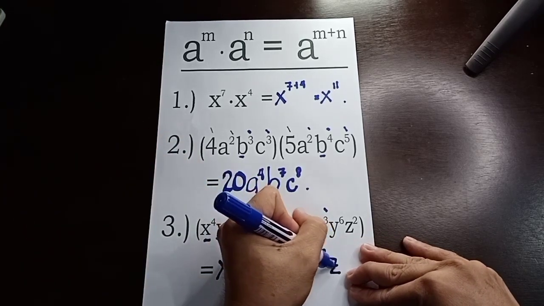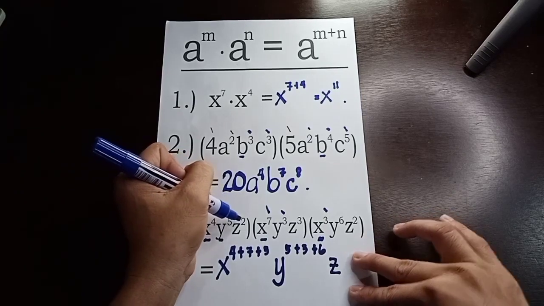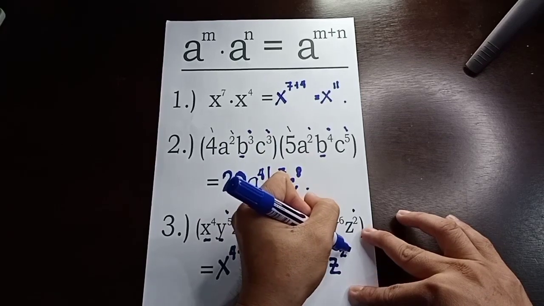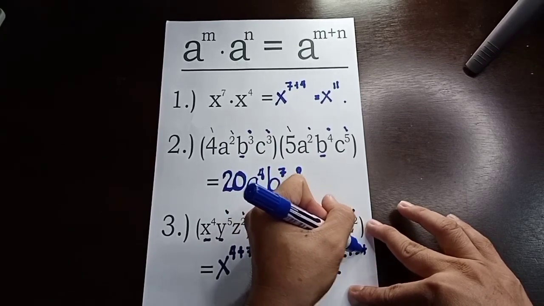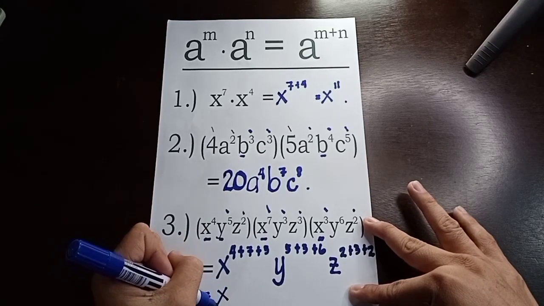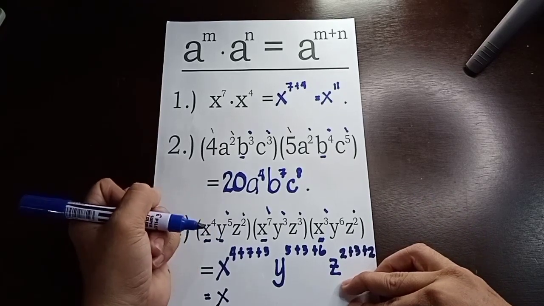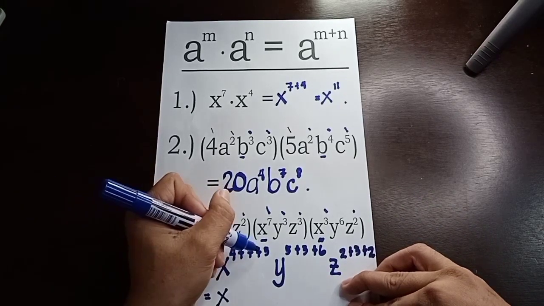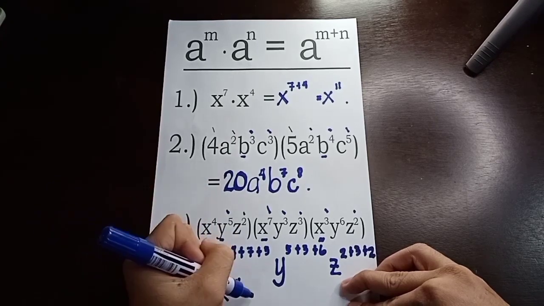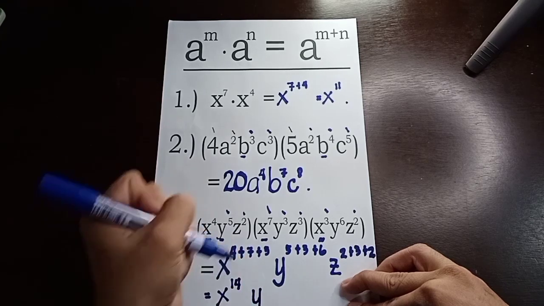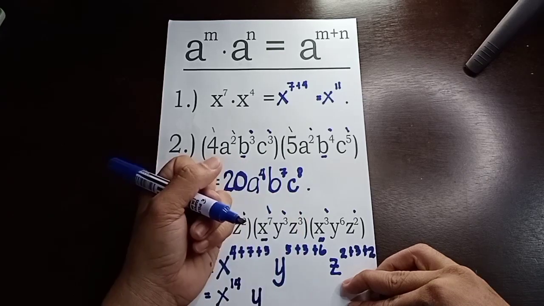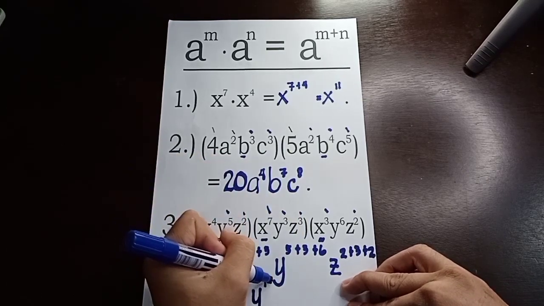And then our last variable, the exponents 2, 3, and 2. So, copy natin yung base, x. So, the sum of 4, 7, and 3 is 14. And y, the sum of 3 exponents, 5, 3, and 6 is 14.